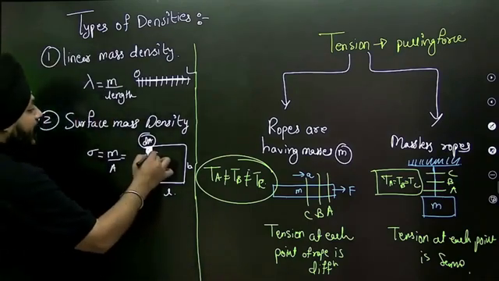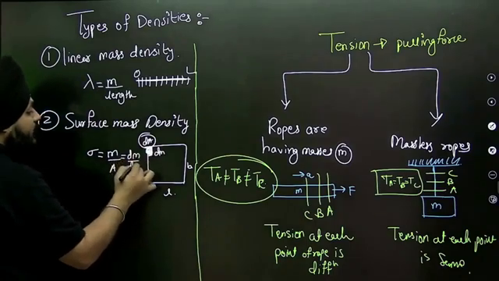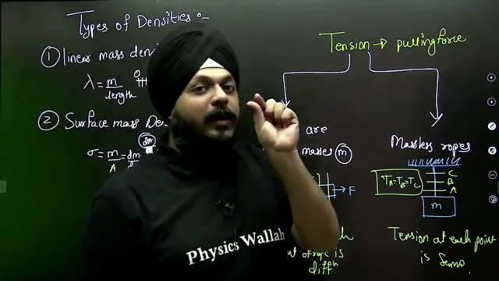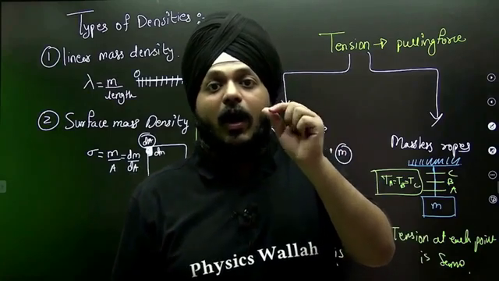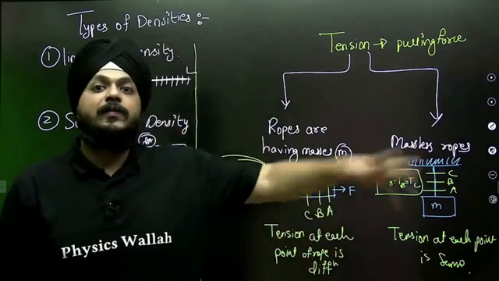If this mass is dm and this area is dA, then I can write it as dm by dA, for a very small area element. This is how mass is distributed over a specific area.